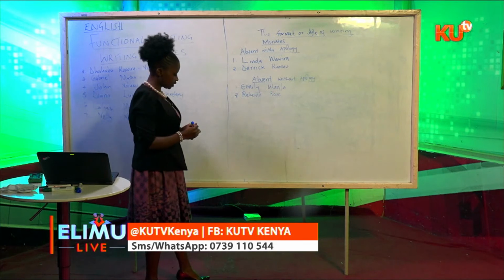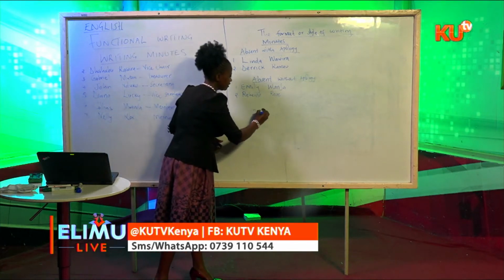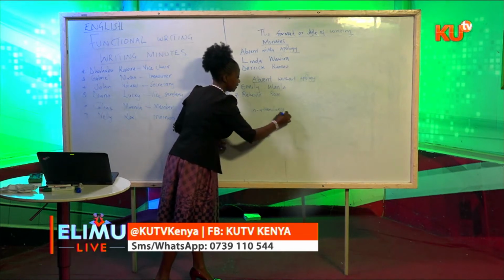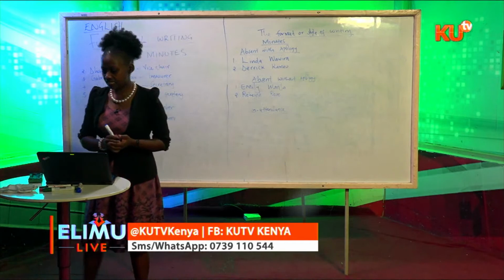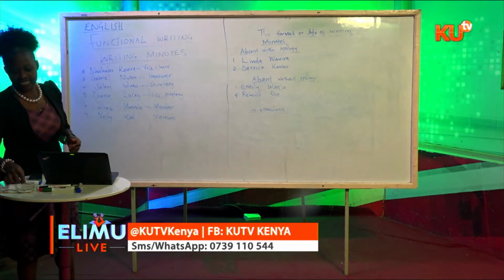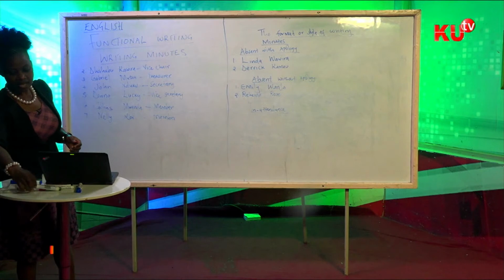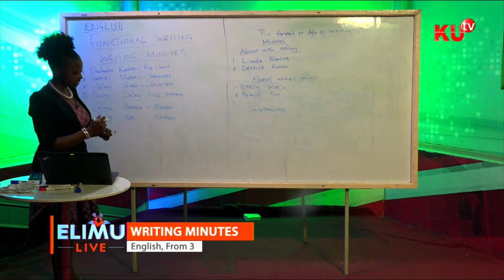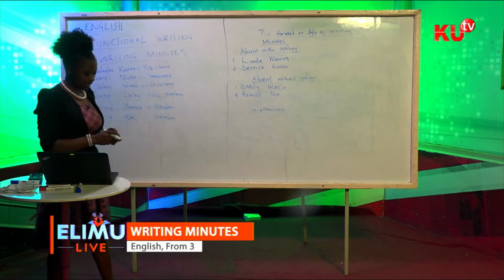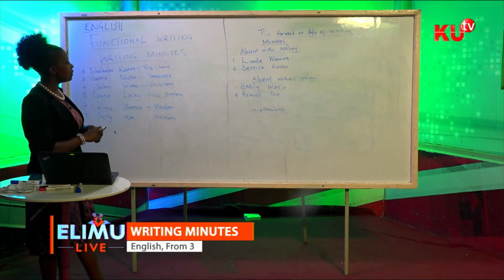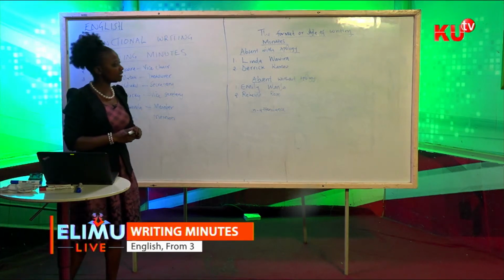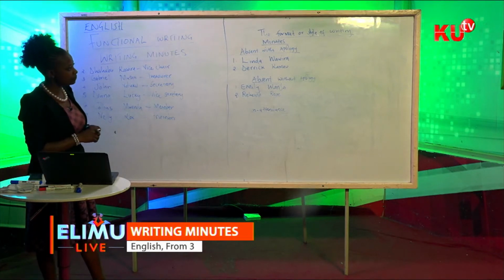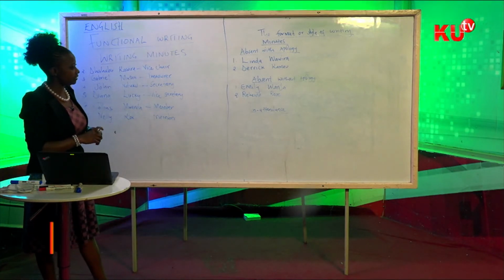Then we have talked about the guests. These ones, you record them here as in attendance. Now the guests, or the invited, you may have the patron attending the meeting. So this is where you write his or her name. And then, because it is the Wildlife Club that is meeting, we may have a representative from KWS attending.